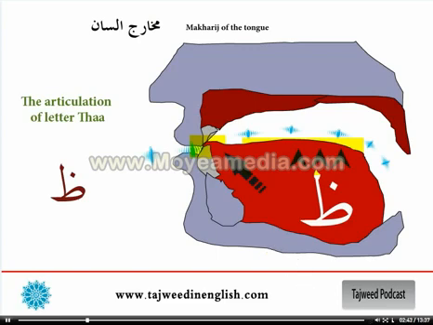The letter Dha, as you can see, has a full mouth, tafkhim, and isti'la, so when we sound it, it sounds like a very heavy letter. Dha, dha. And it is similar to Dhal.